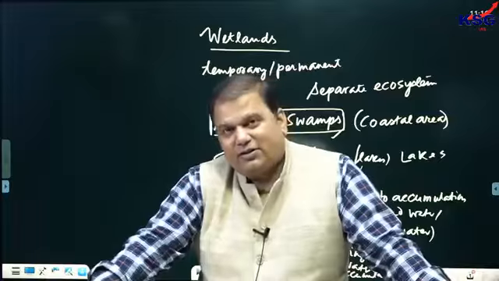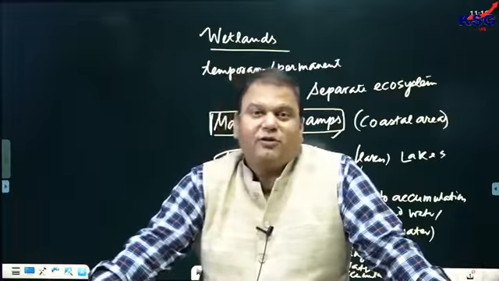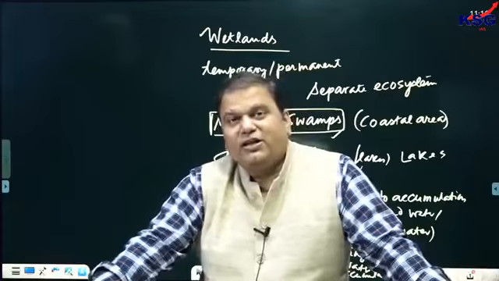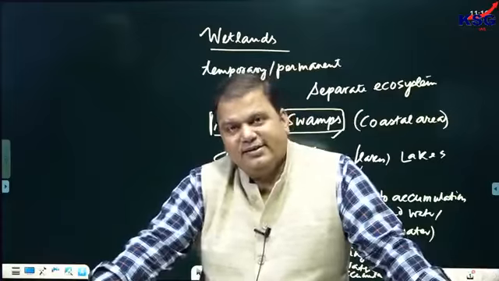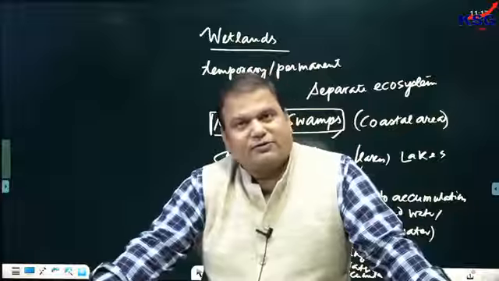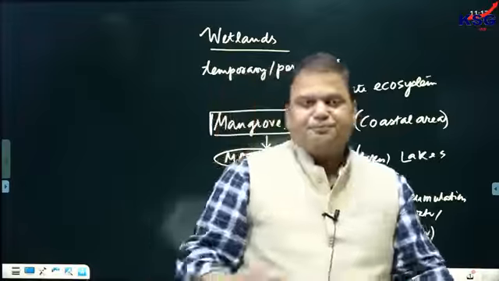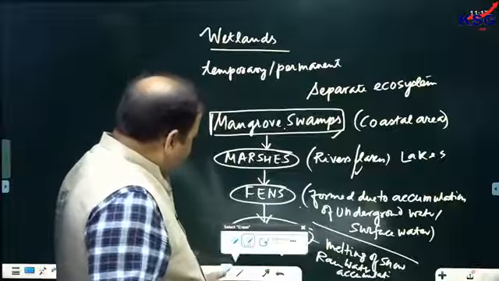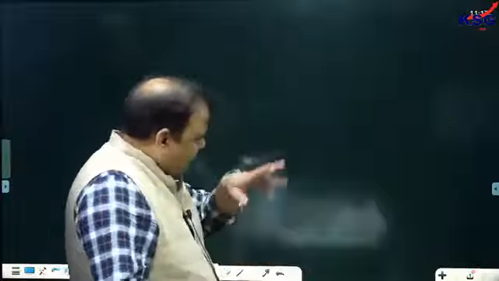And also we discussed why the productivity of that part of ocean is more which is present near the coastal area and what are the reasons behind that. And today we have discussed the productivity of wetland. Clear?